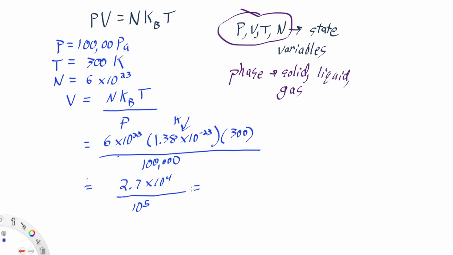N is just a number of particles, so it's just a count. That's not 4. That's 3. Okay, so about 0.027 meters cubed.